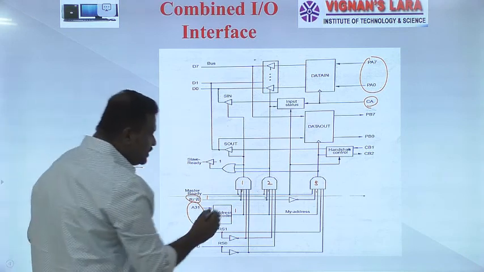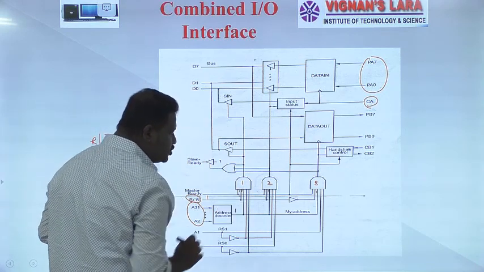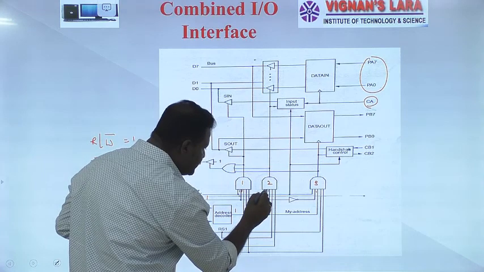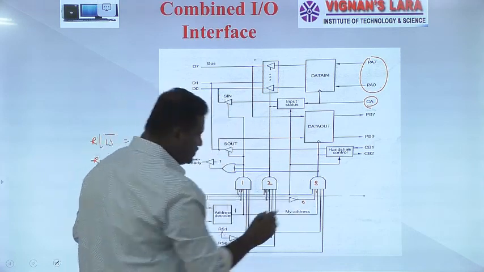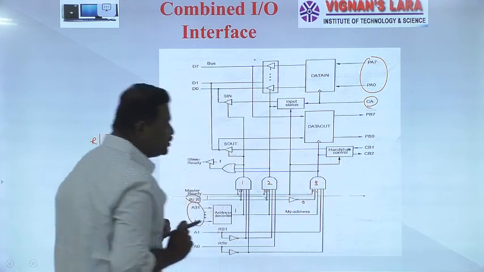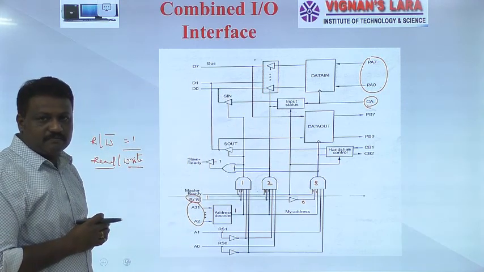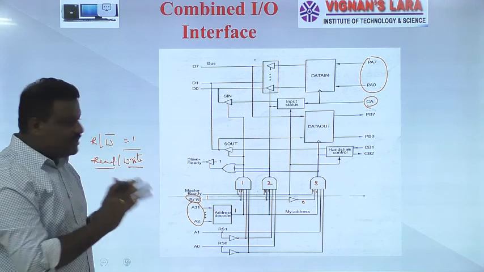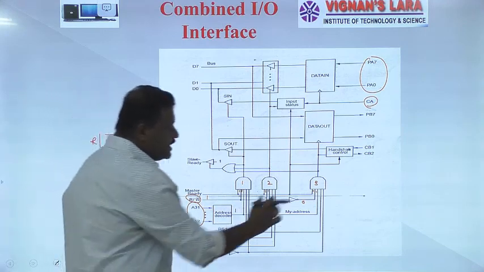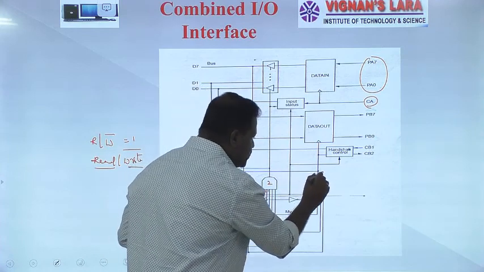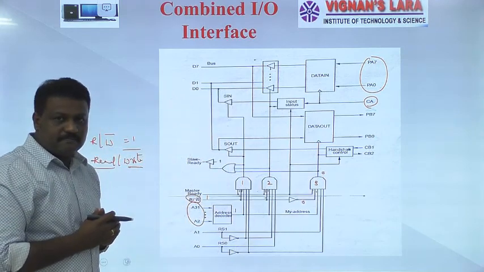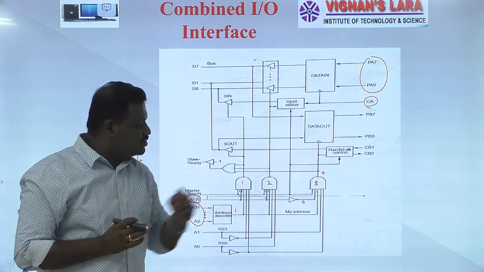So here the operation is a read, so this signal must be set to 1. If it is 1, then this is applied here, this is 1, and again it is applied here, it is 1. Then the output of this inverter becomes 0, so this input of AND gate is equal to 0. At this moment it is very clear, friends, that irrespective of the remaining inputs of AND gate 3, it will produce logic 0 at output, because one of the inputs is equal to 0.